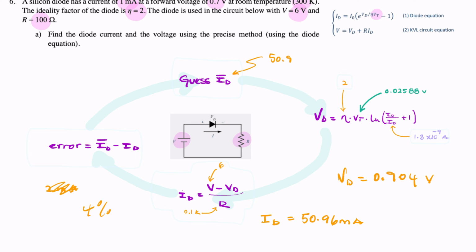If we're happy with that, then we can consider that to be our final answer. The question asked for the voltage and current, and we can say the current is in the order of 50.96 milliamps and the voltage 0.904 volts. So I hope you found that helpful.